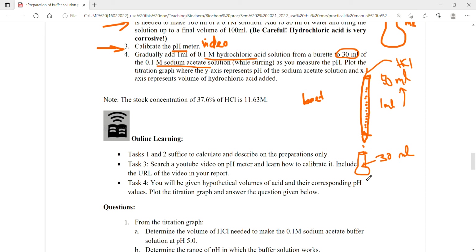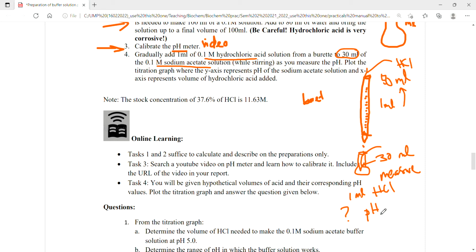aluminium flask which has the sodium acetate as well as 1 ml of HCl. After that, using the pH meter, put the probe inside and measure. So now 1 ml of HCl added, what will be the pH?